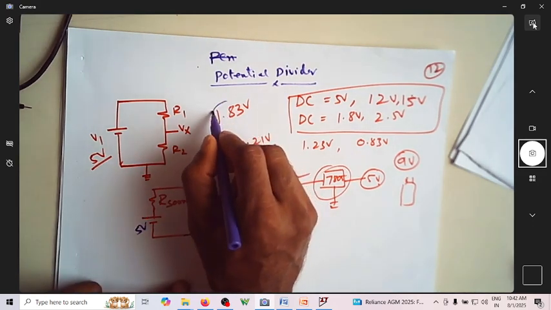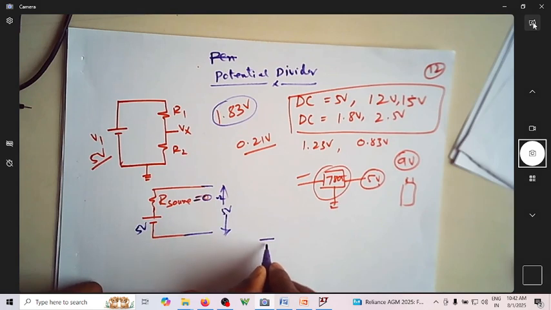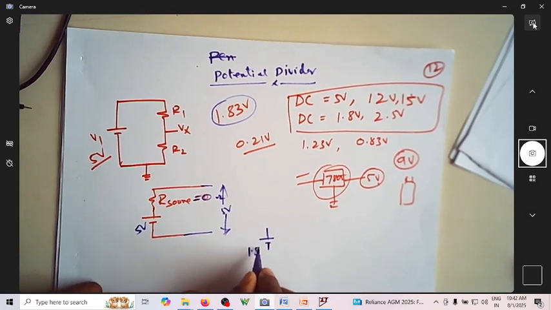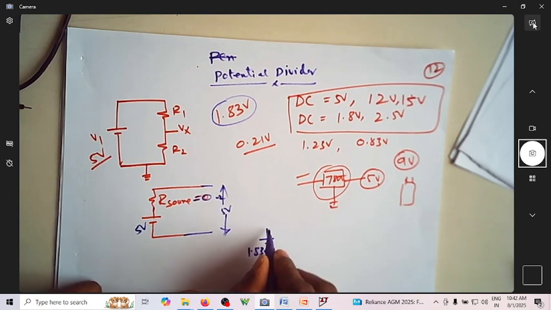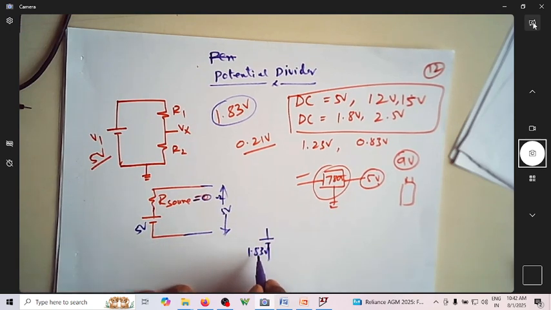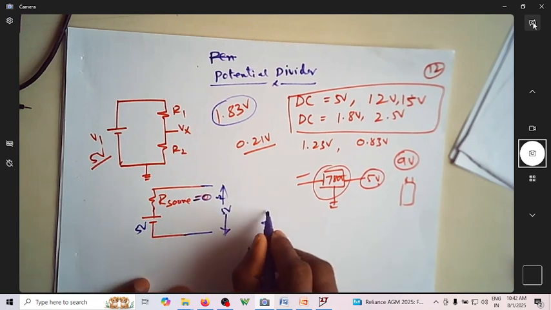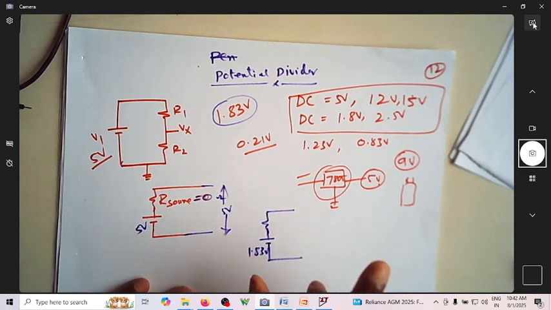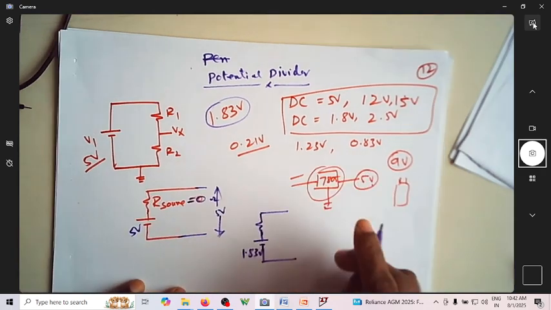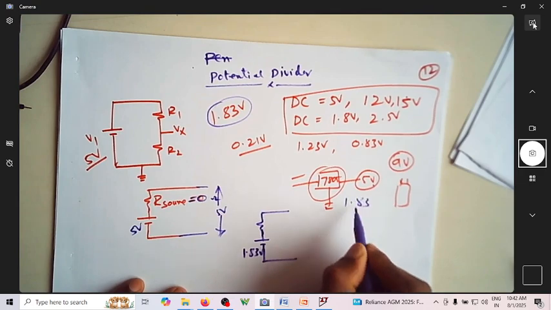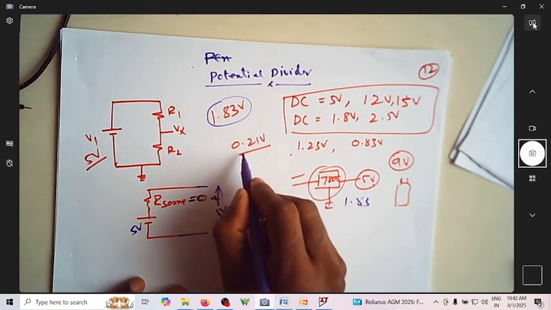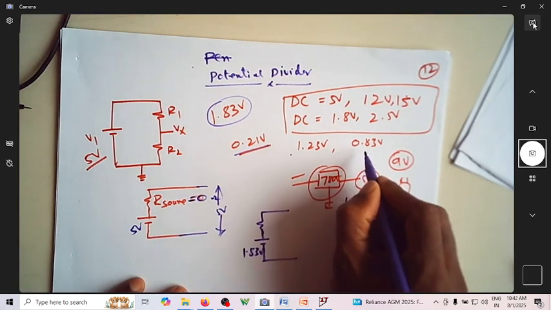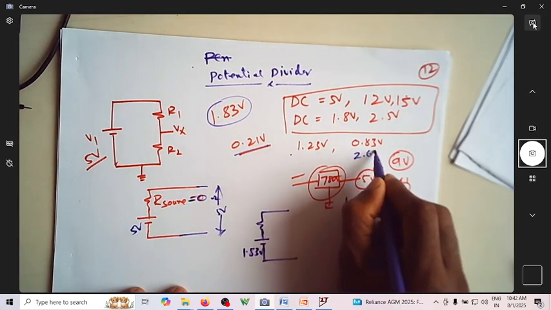Now I have to get 1.83 volt. We have to see whether this 1.83 volt will have some source resistance or not, because we don't have a regulator of 1.83 volt, or 0.21 volt, or 2.62 volt.